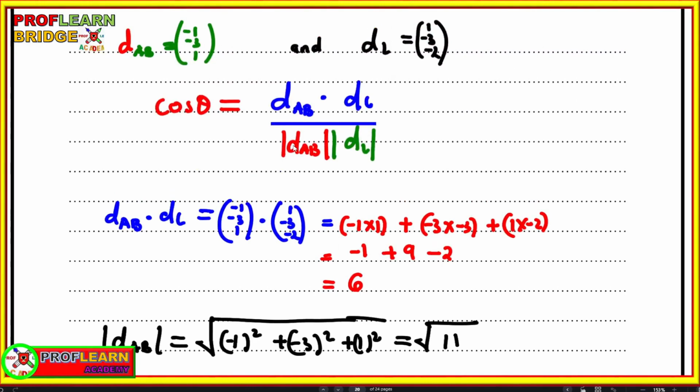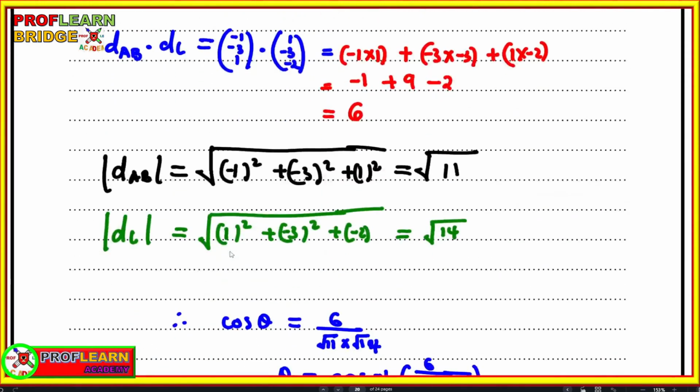The magnitude of direction vector AB, we are going to find as the square of negative 1 plus the square of negative 3 plus the square of 1, and that's going to be 11.